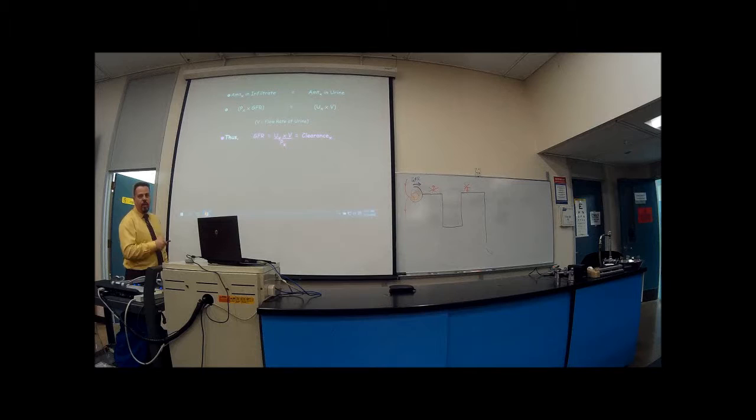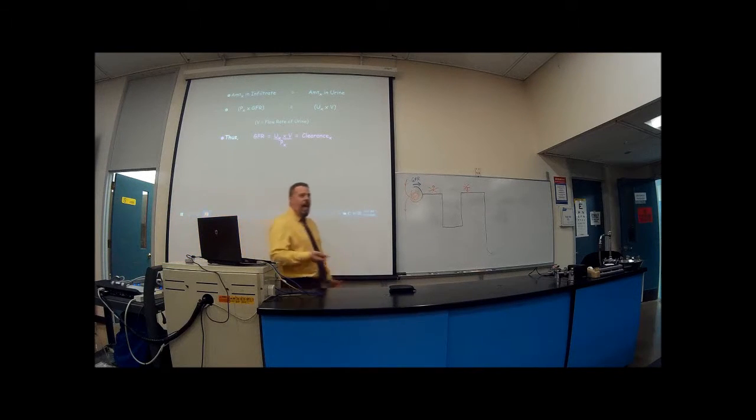Does that make sense? So we want to solve for GFR. If we know this amount, and we know the rate of urine by how often you pee, and we could collect that in a bag to see how fast it's going, then we can figure out what the GFR is by just solving for GFR. Just basic algebra.